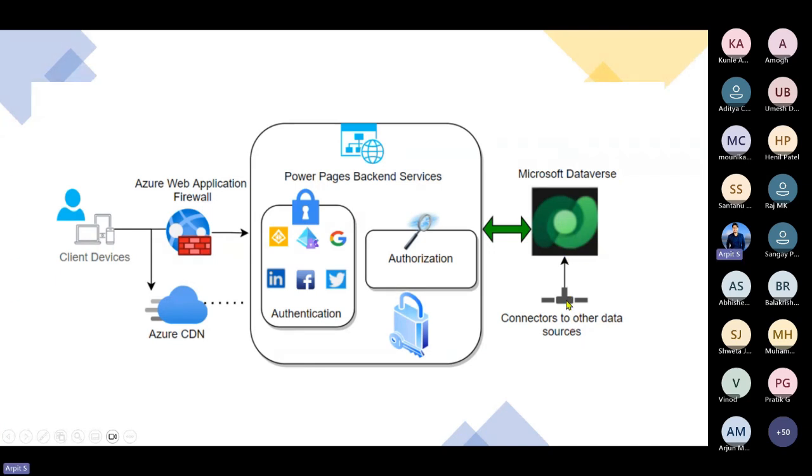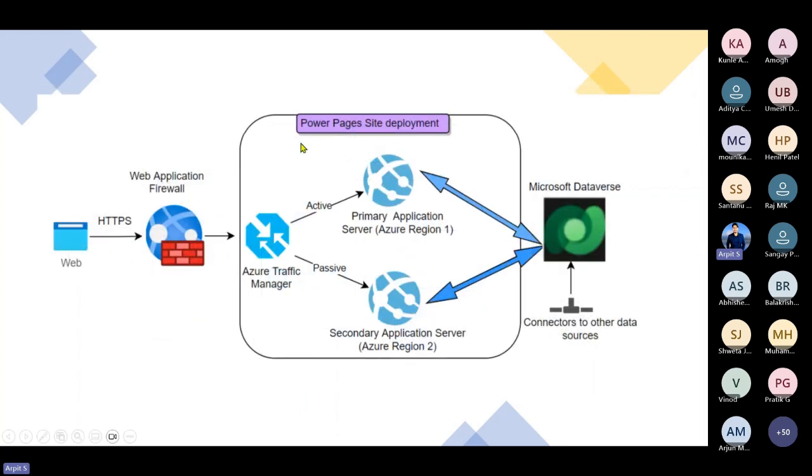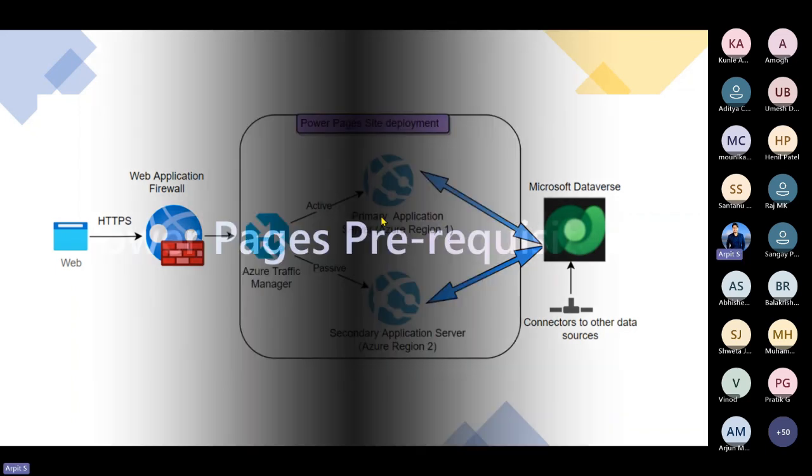We will discuss later how you can pull the data from external sources, like from cloud flows, from APIs, from virtual tables, but that is a separate story. The main primary data source is Microsoft Dataverse. And this is how your Azure Traffic Manager distributes the load whenever there is huge traffic on the primary application server. All right, perfect.